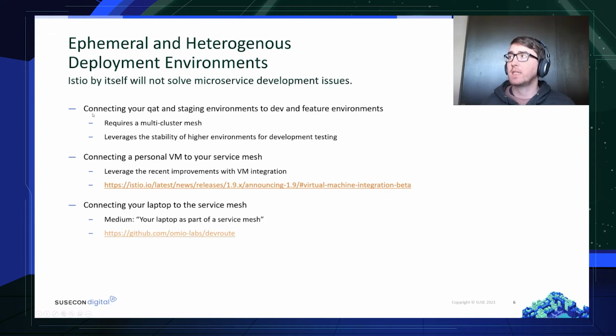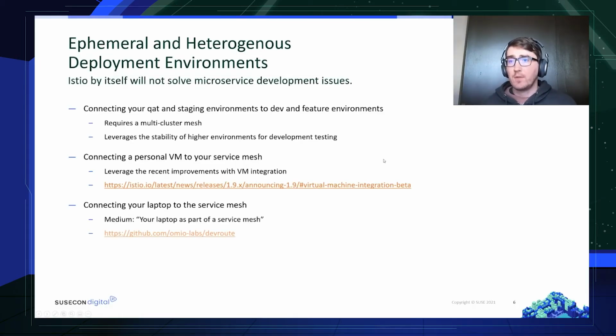The option that I have on top is that if you want to do full integration testing, but you don't want to redeploy your integration environment again and use all those resources, you can use the multi-cluster mesh configuration to point to services that are in your dev, maybe a different staging environment and then have them react with the rest of the mesh or the rest of the microservices in your ecosystem that are running at a higher environment, that have been stable and are as close to production as possible in the way that they're configured.